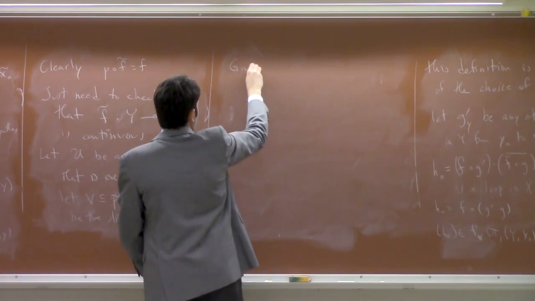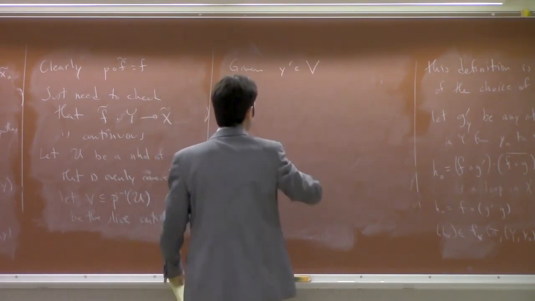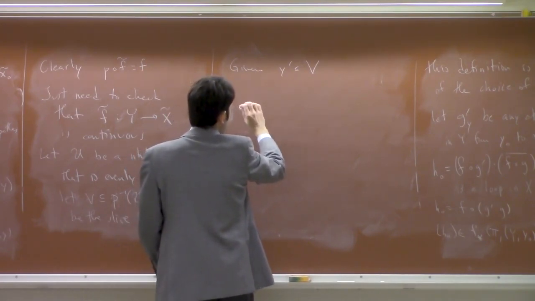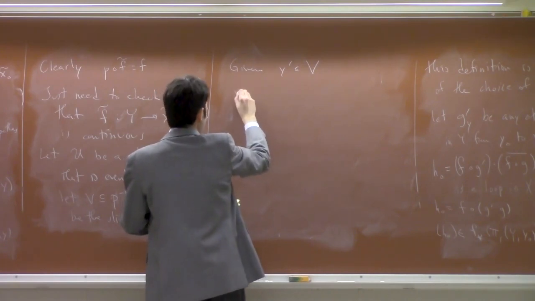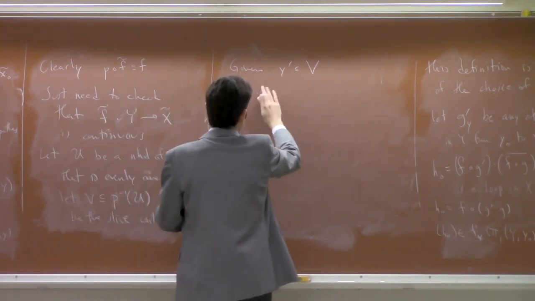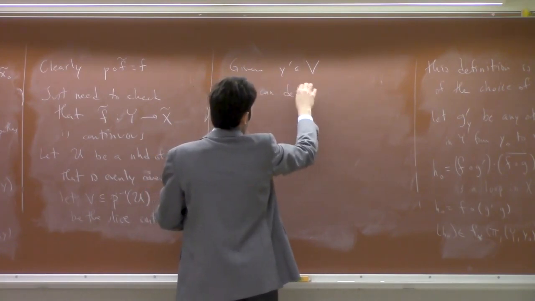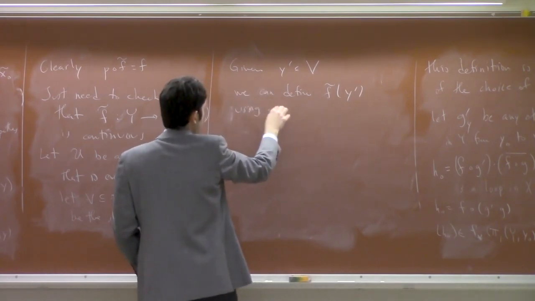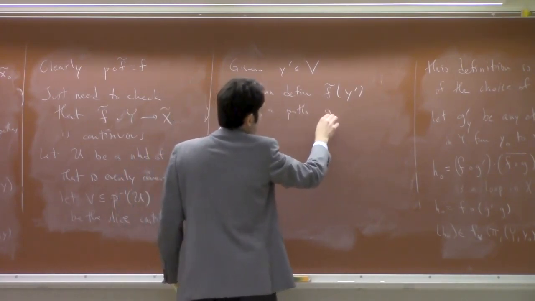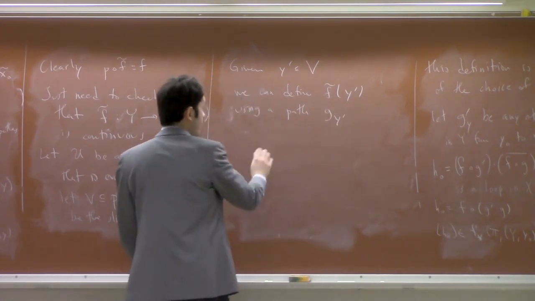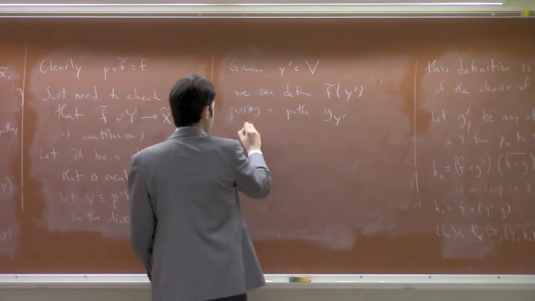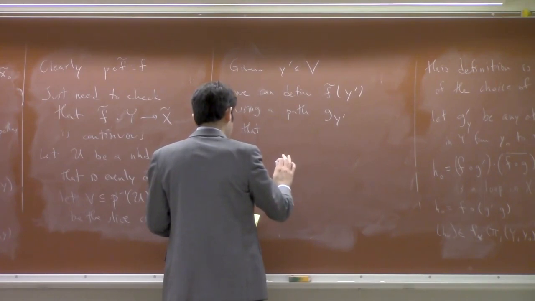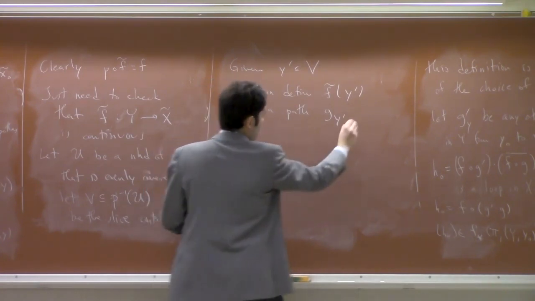Okay, so pick any other point. So we can define f tilde of y prime using a path g_y prime, let's say it like this.